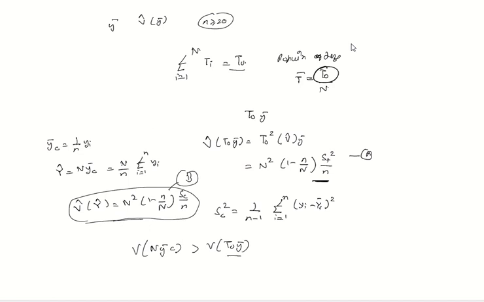But if we don't know t, then we have to go with this one. So if the sizes vary a lot, then N y c bar is not the right thing to do. We should be going with the t y bar.